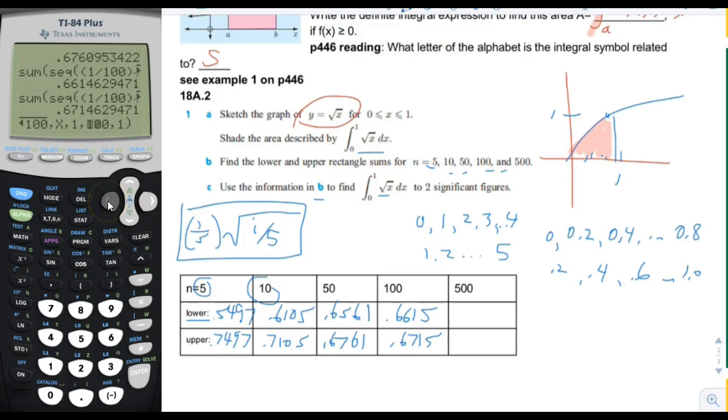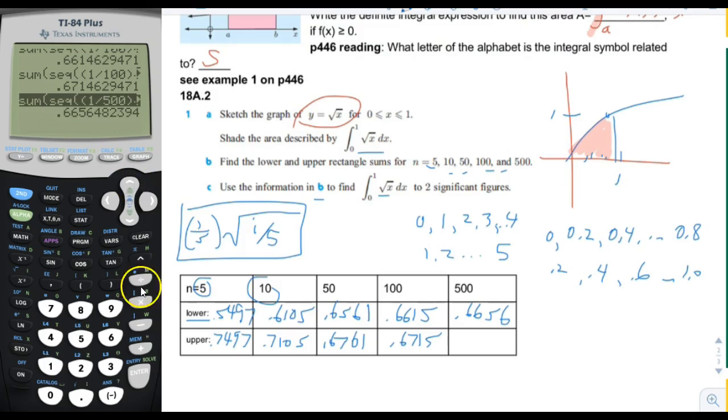500 now. So if we run out of memory or something. Now we're going to be counting from 0 to 499. 0.6656.